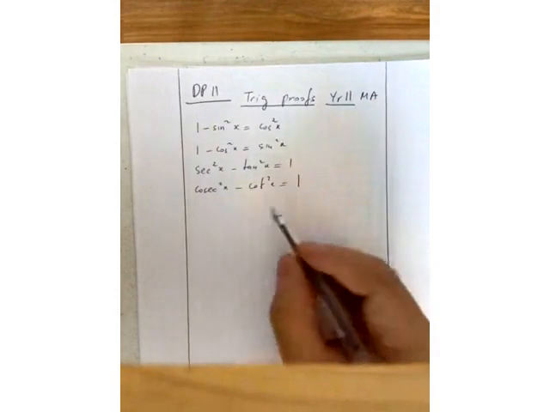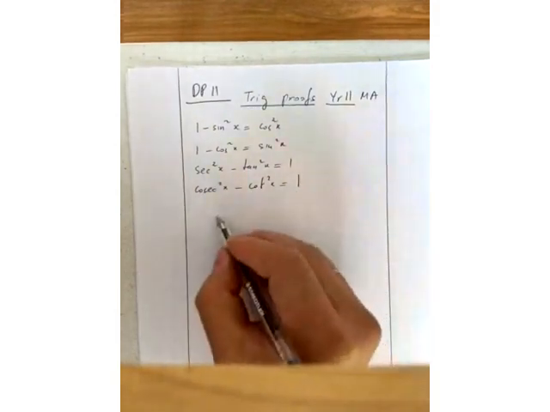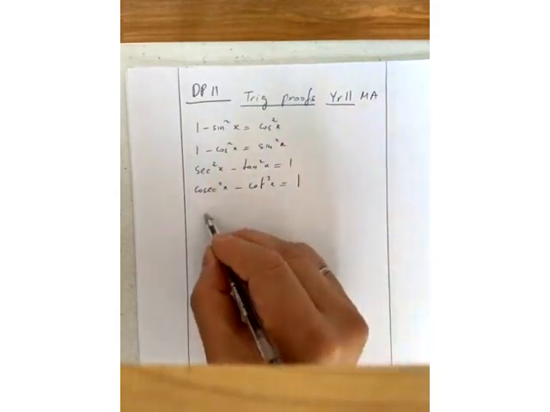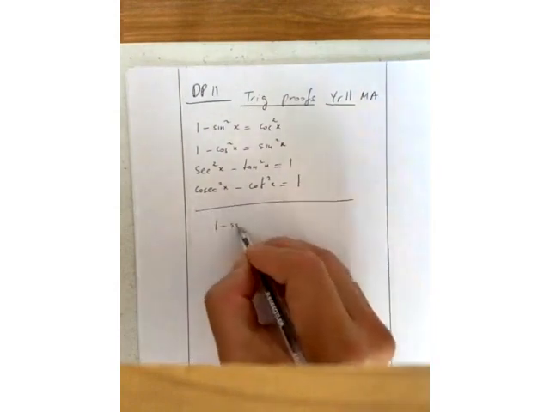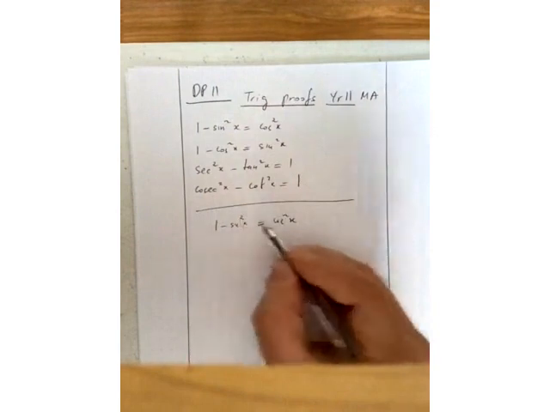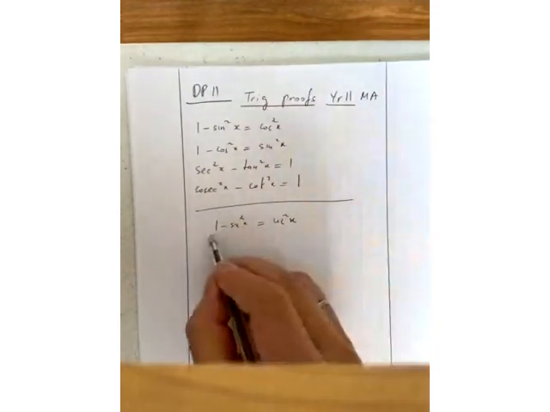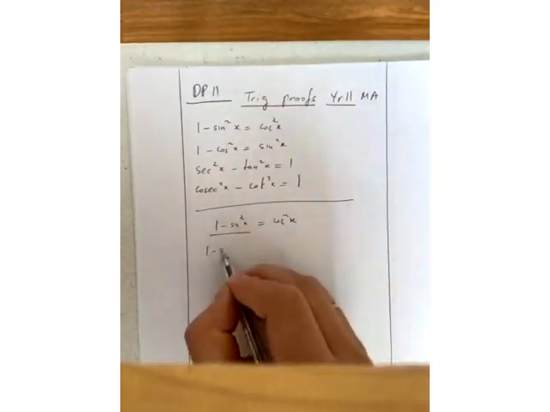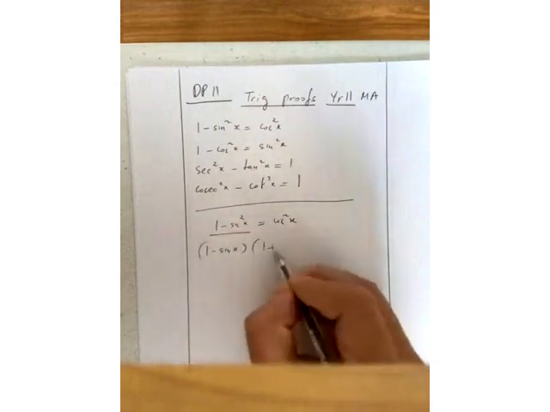So from that, for example, they can make you this. Just say the first one, 1 minus sine squared x equals cos squared x. You also have to know difference of squares as well. You know how 1 minus sine squared is really 1 minus sine x, 1 plus sine x.